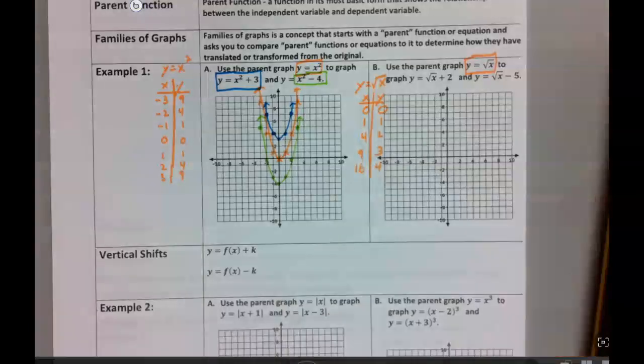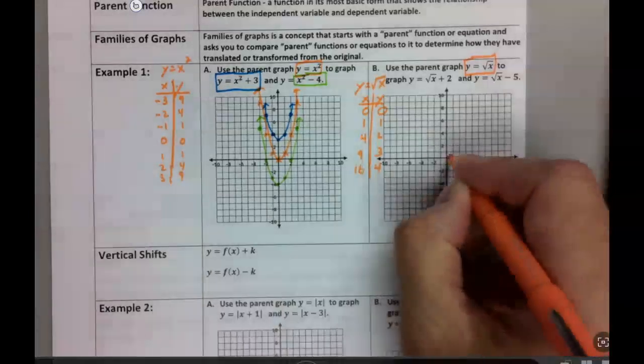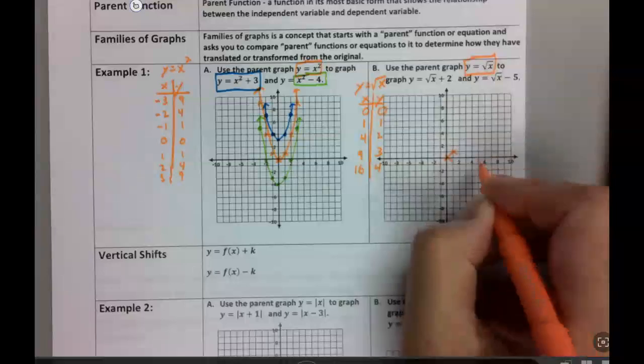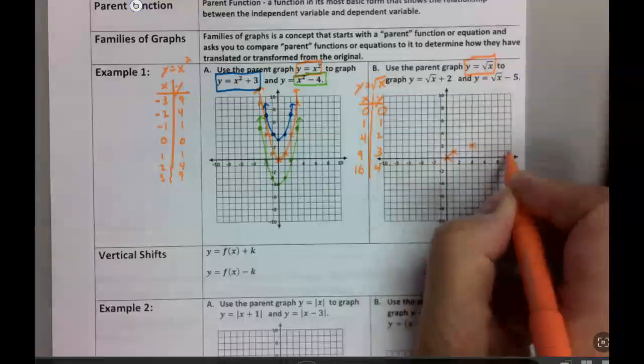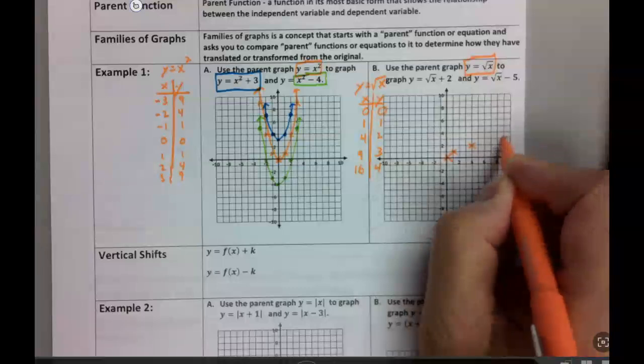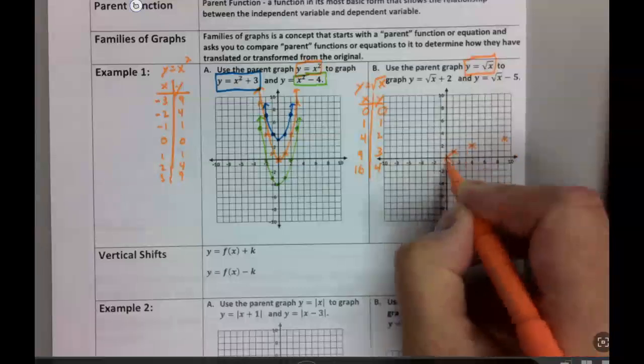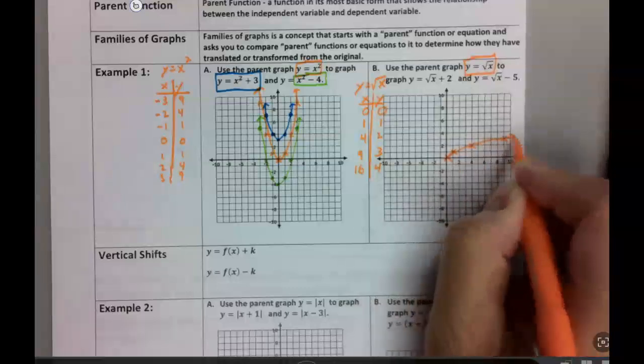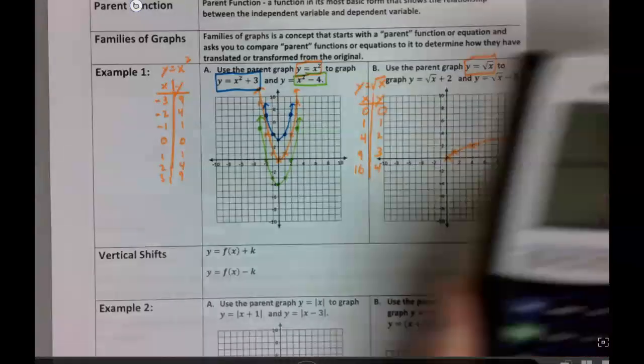Correct? And you cannot take the square root of a negative number in a real number system. So here's your parent function: 0, 0, 1, 1, 4, 2, 9, 3. And I use x when I'm dealing with my parent function. Okay? So let's do those now.